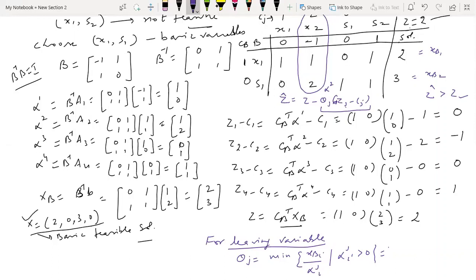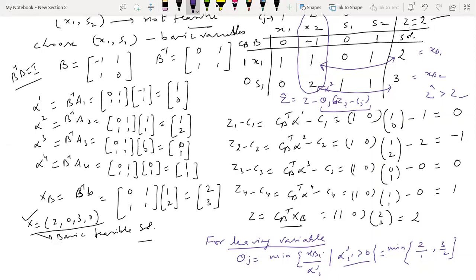So I am going to take the minimum of the ratios: 2 upon 1, corresponding to this variable 1, and 3 upon 2, corresponding to this variable 2. Why? Because both of them are positive and satisfy my condition. So what is the minimum value?